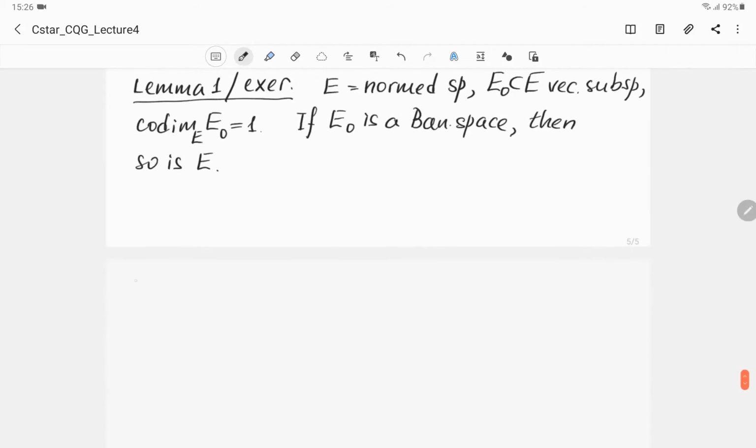And lemma 2, which is also a nice exercise, quite simple.